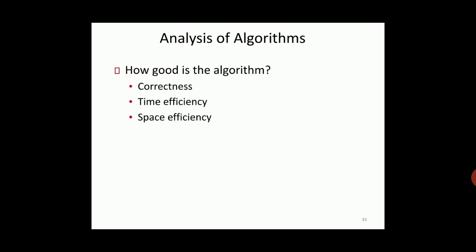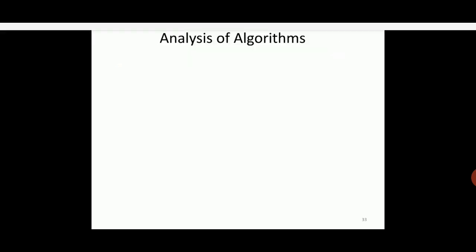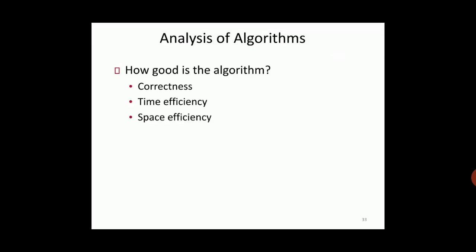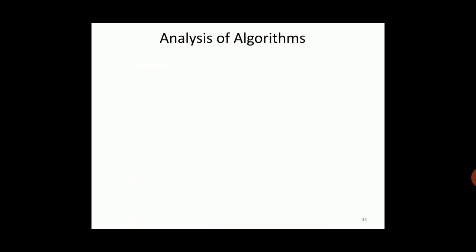And another thing is the correctness of the algorithm, that it correctly solves the problem for which we write it. The second major point in analysis of algorithms is: does there exist a better algorithm?